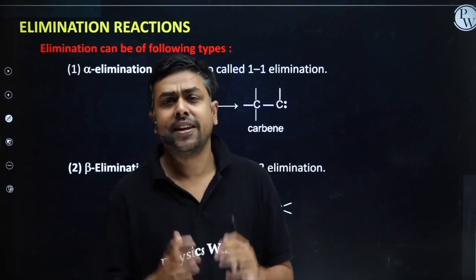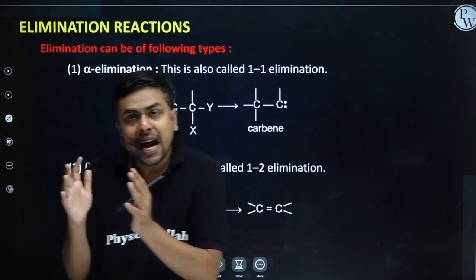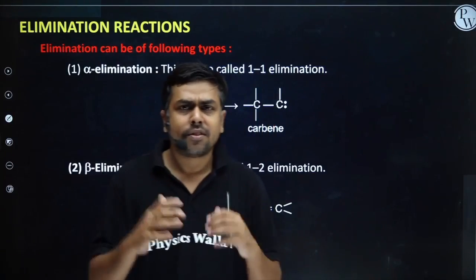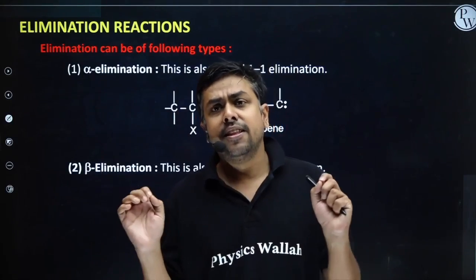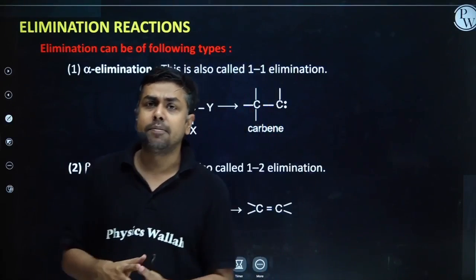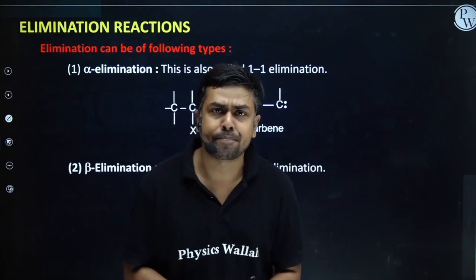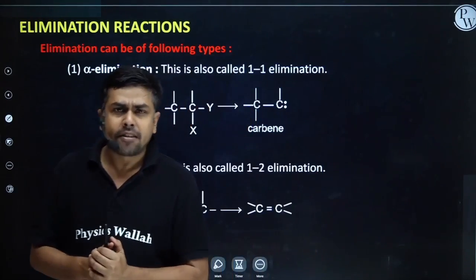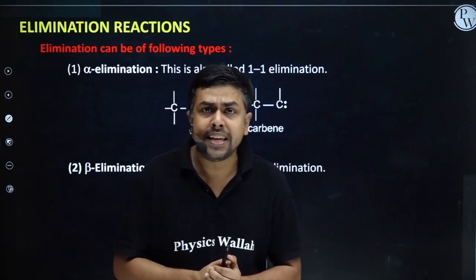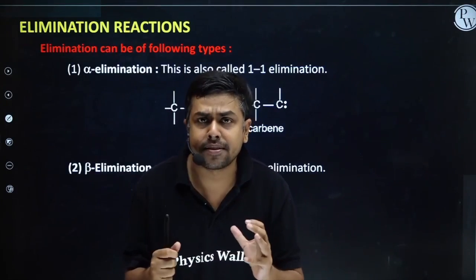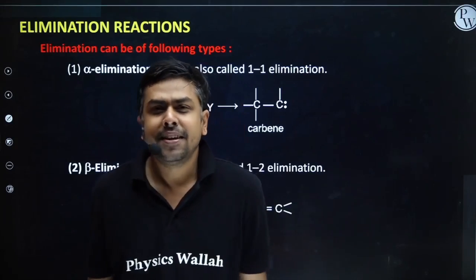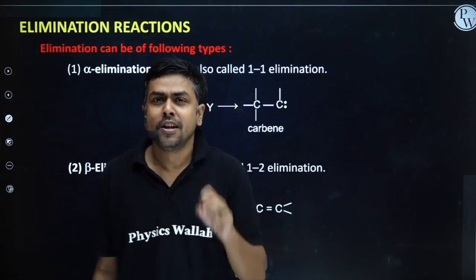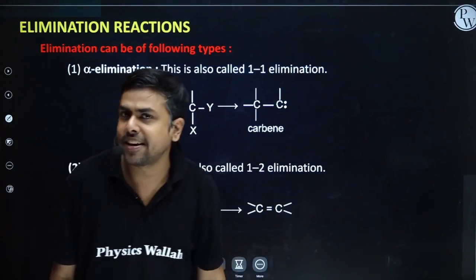But before discussing dehydrohalogenation and dehalogenation, let's first discuss in general the detailed mechanism of elimination reaction. Student, this elimination reaction is mainly initiated by a base. What is the function of the base? To snatch acidic hydrogen.